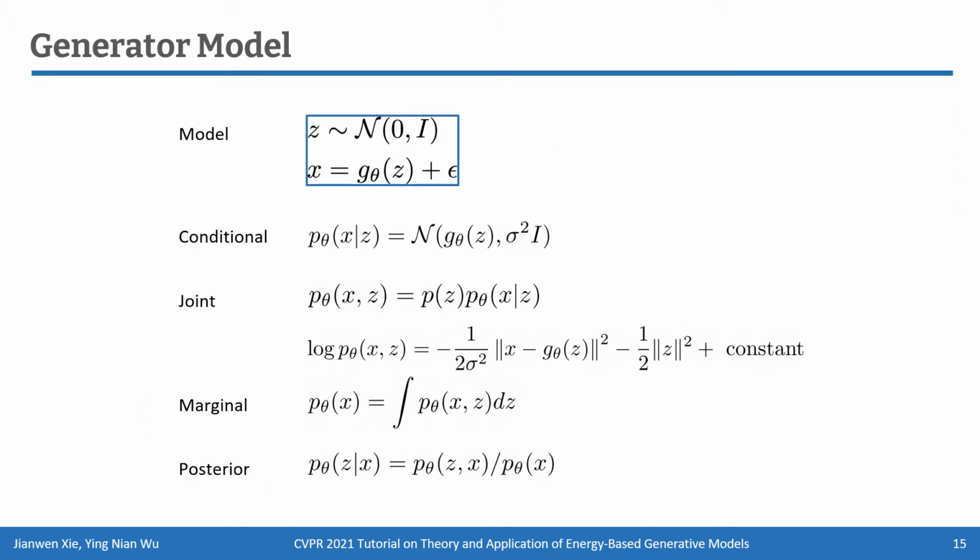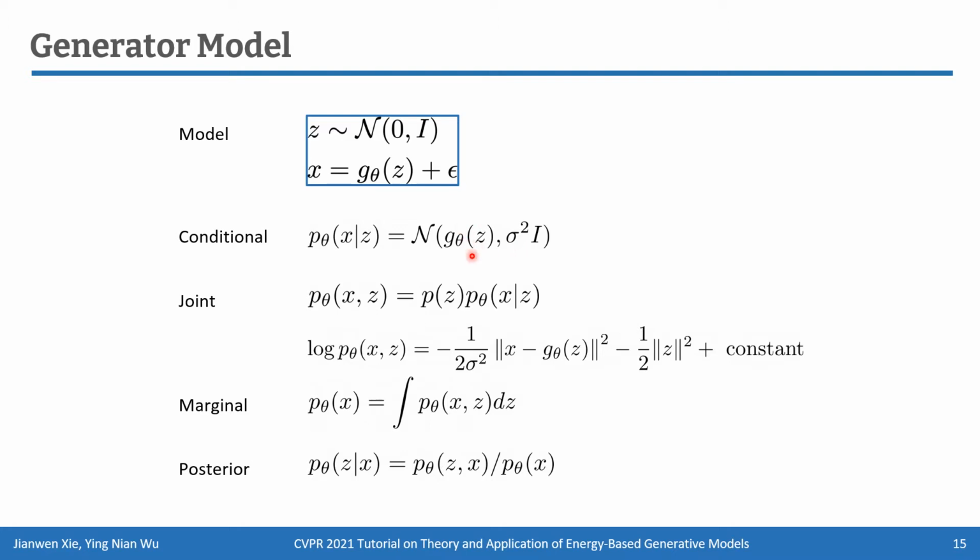This slide shows some important quantities. For example, this generative model defines a conditional distribution of X given Z, which is just a normal distribution with mean G theta of Z, and a very simple variance-covariance matrix, sigma squared times identity. And often we just assume sigma squared to be a tuning parameter.